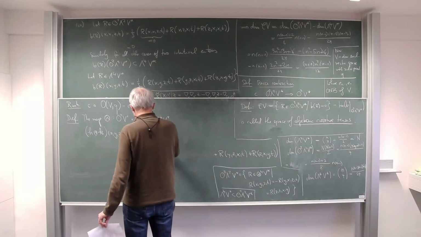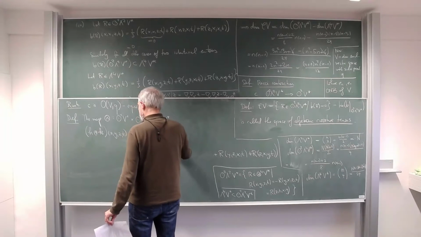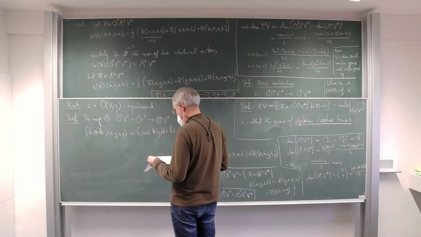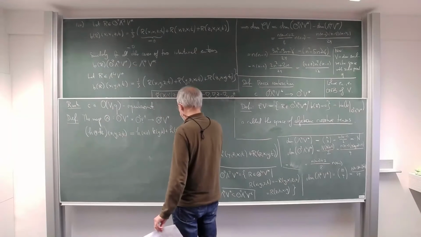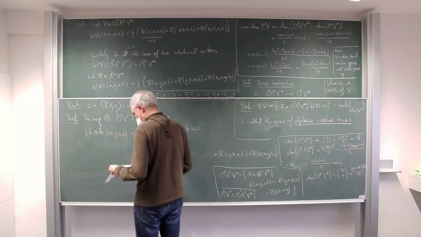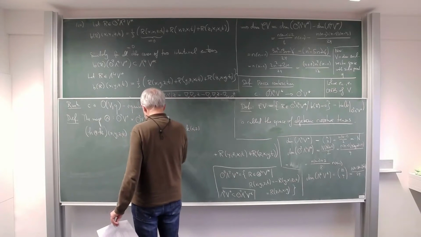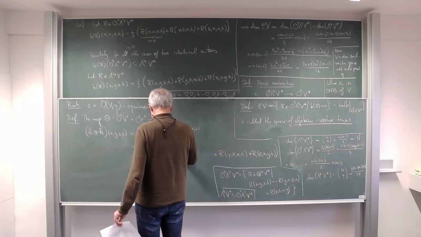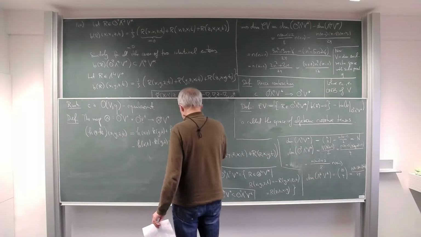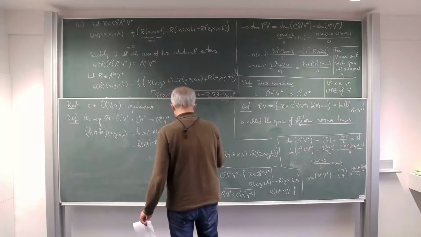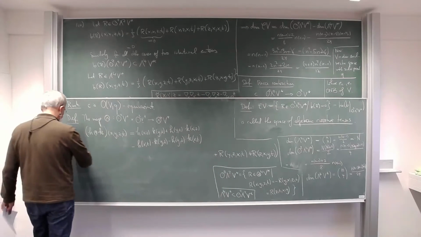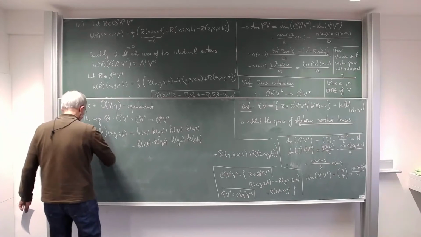I take H of z and t times K of the other two, which is x and y, plus H of y and t times K of the other two, which is x and z, minus H of x and t times K of the other two, which is y and z, minus H of y and z times K of x and t. So this map is called the Kulkarni-Nomizu product.